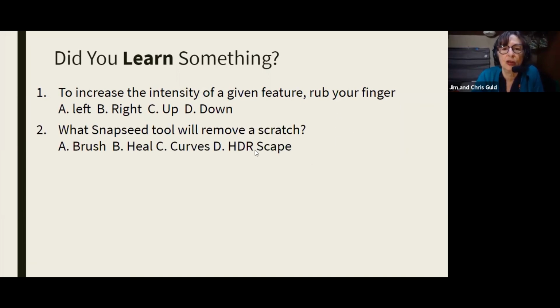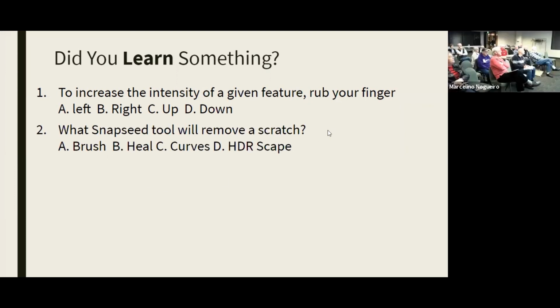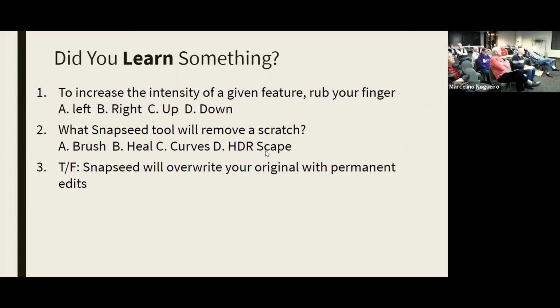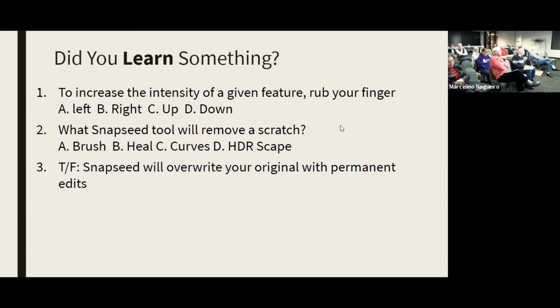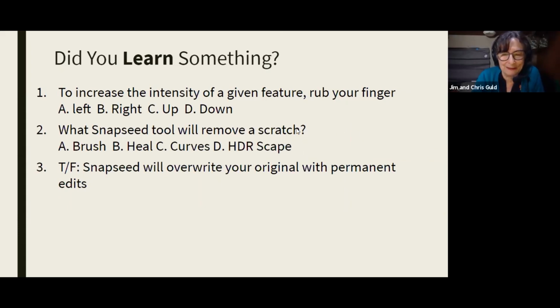Brush, heal, curves, or HDR scape? Heal. Very good. Snapseed will overwrite your original with permanent edits. True or false? False. There are lots of different permutations there, but the bottom line is it does not overwrite your original.